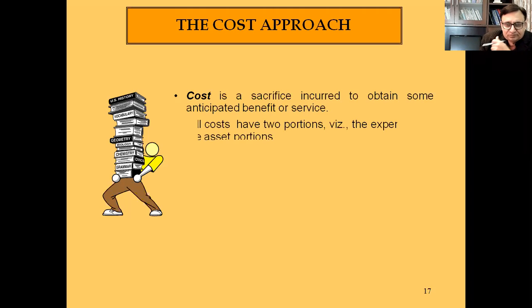Secondly, all these costs have two portions. First is the expense portion and second is the asset portion. For example, you are paying regular salary to the employees, monthly or weekly salaries.